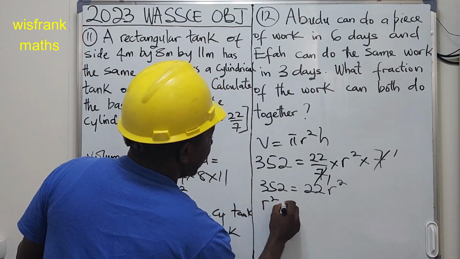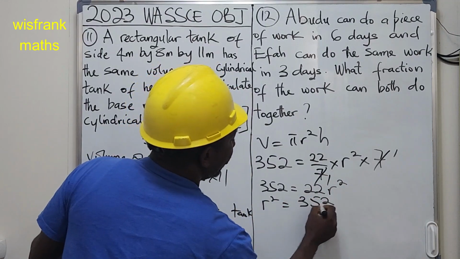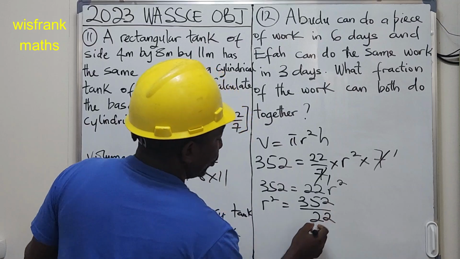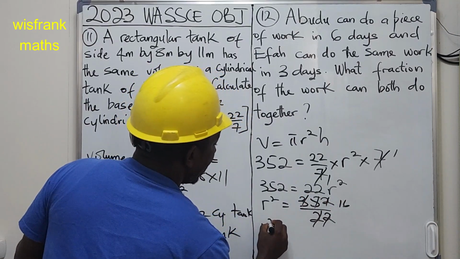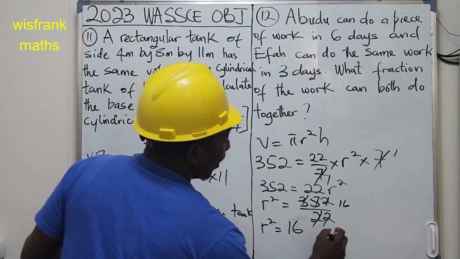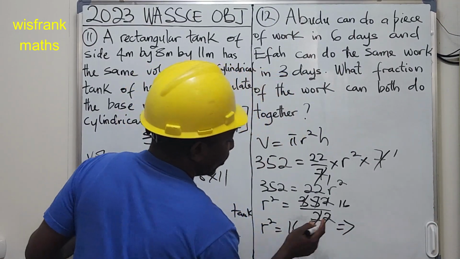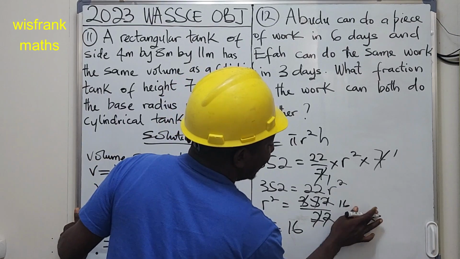So r squared equals 352 over 22. When we cancel this out, we have 16. So r squared equals 16.